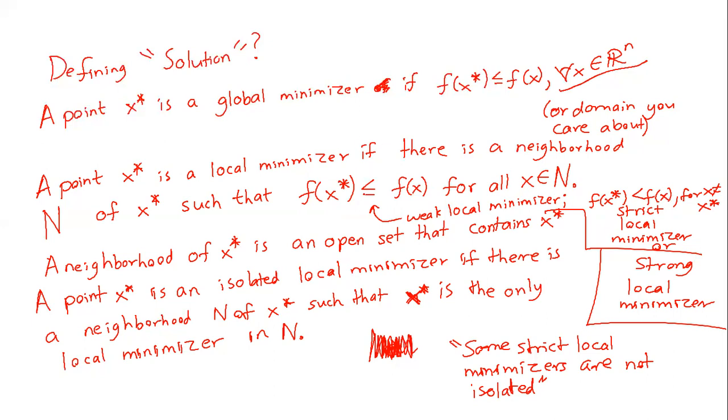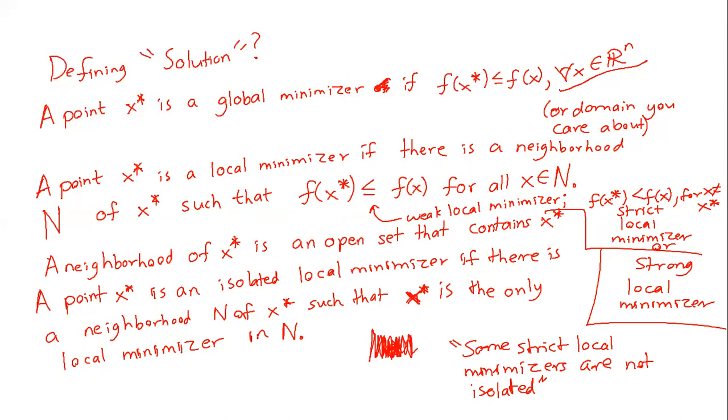Ah, okay. That's a good point. Yeah, so the difference is whether this is an equality or an inequality, a strict less than. This one says that for all the points in the neighborhood, a weak local minimizer has f evaluated at it less than or equal to f at any other point in the neighborhood.